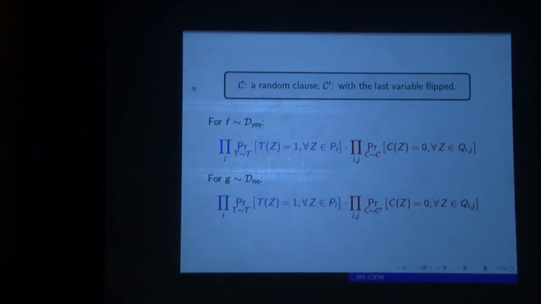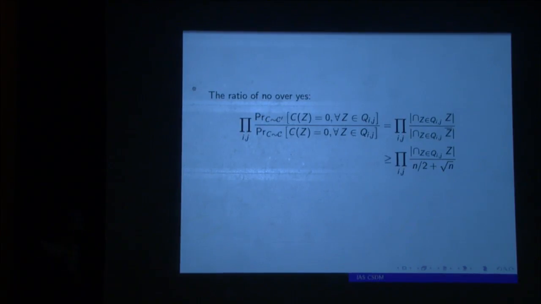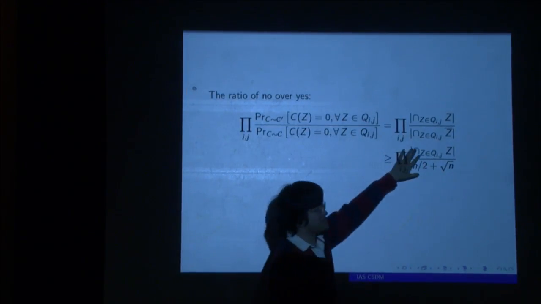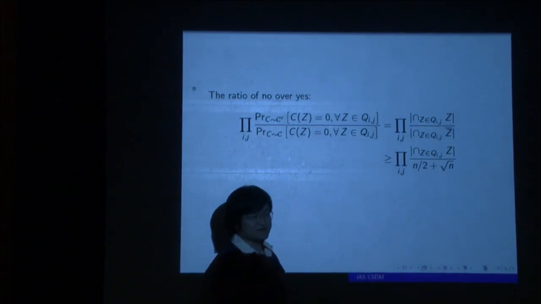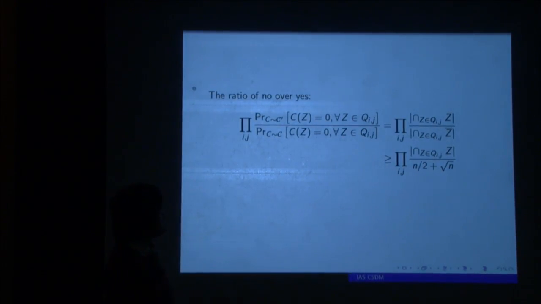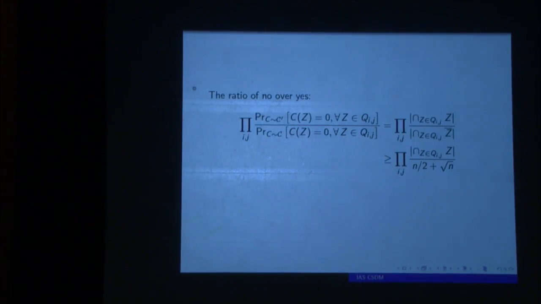So it's really the Qij's that we're interested in, and we need to compare. And if you take the ratio, it's very similar to what we did before. We get this exact expression. So we need to basically lower bound the number of common ones of z's in Qij, and then multiply everything over Qij. Okay. So let's do the same thing.